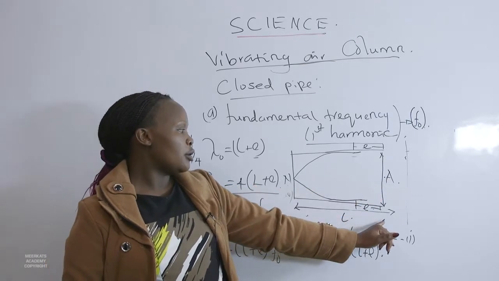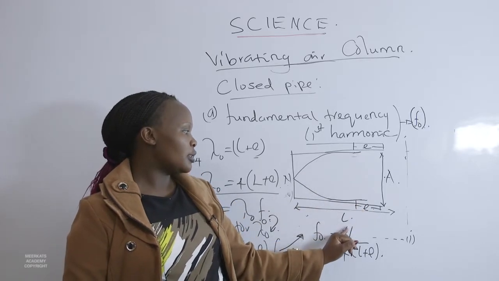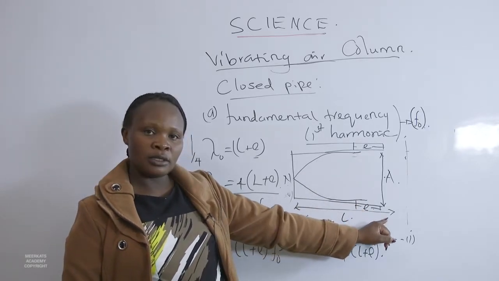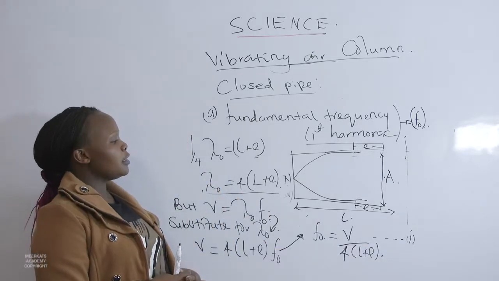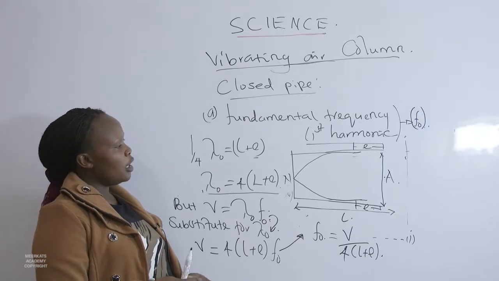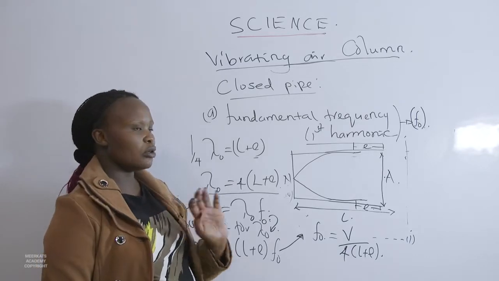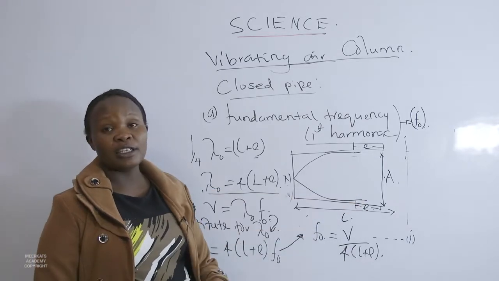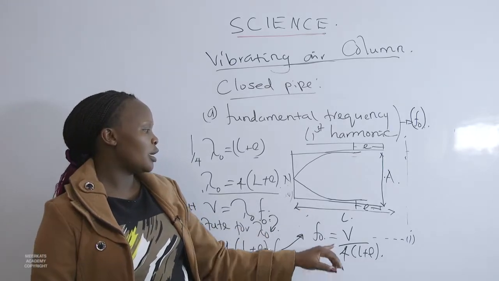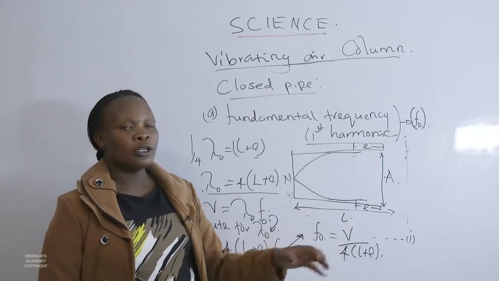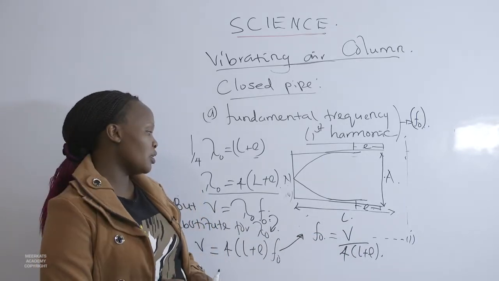Therefore, we are going to form an antinode at a point L plus E, so that we can cater for the full length of the pipe. And from the diagram, the simplest wave that is actually occupying the whole of our pipe is quarter of our wave. Therefore, we take E plus L to represent quarter the size of our fundamental wavelength.